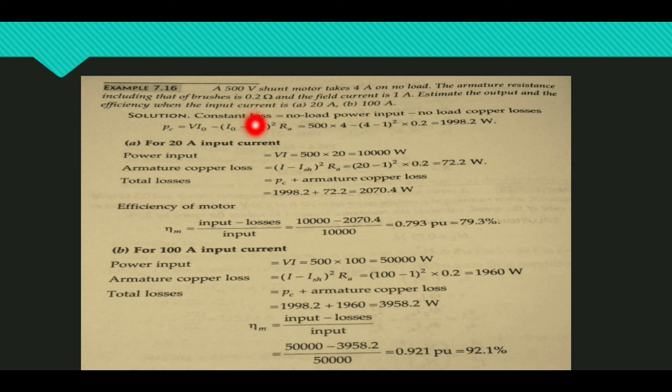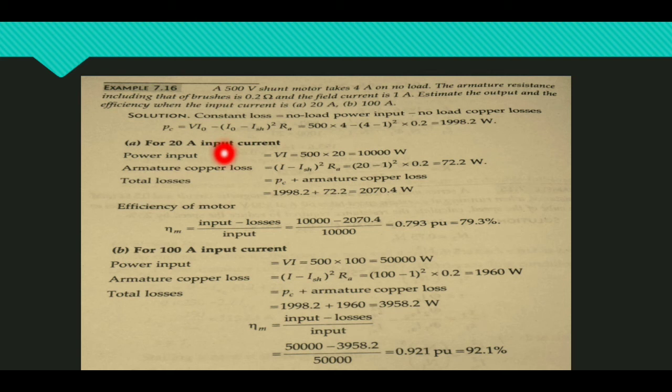So we know that constant loss equals no load power input minus no load copper losses. Constant loss means the value of iron loss. We can write PC, the constant loss, equals the no load power input, that is V into I0. What is the value of I0? I0 is the no load current, minus the no load copper loss, that is the I square R loss, IA square R loss.